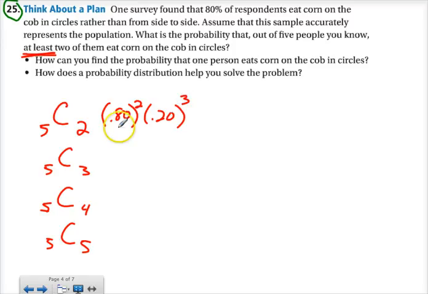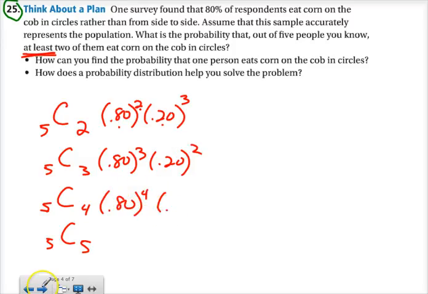I need my success to be 80% for two of these, and then I need my failure, which would be the 20%, for the other 3. And then this one would be 80% 3 times and 20% twice. This one would be 80% 4 times and 20% once. And this one would be 80% all 5 times and no failures.